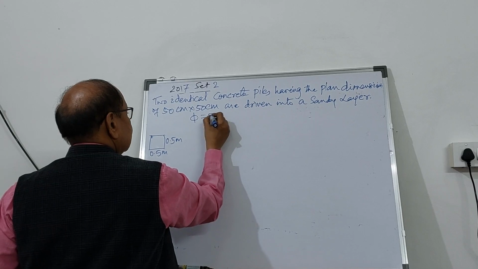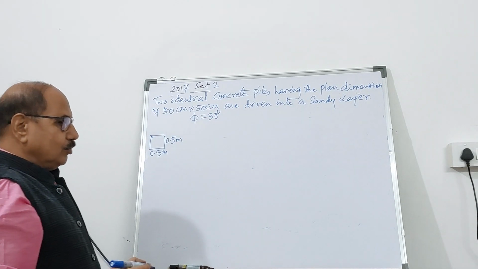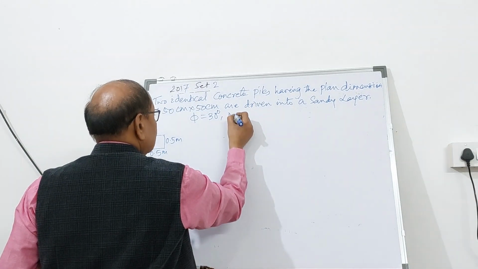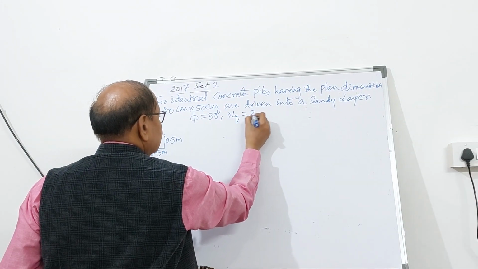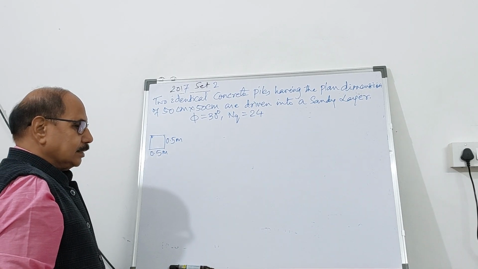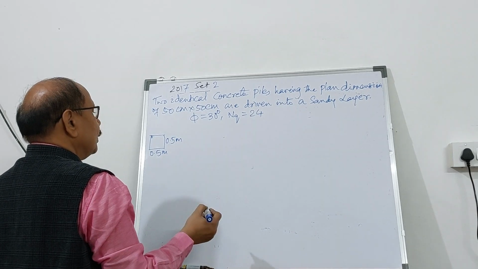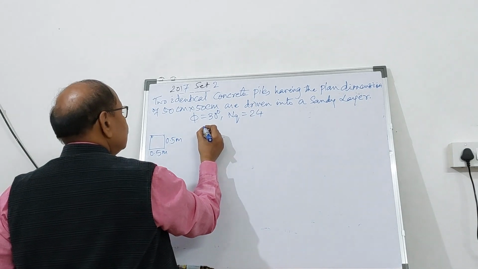Phi 30 degree, Nq value is 24, bearing capacity factor is given to you, and the ground conditions are shown.